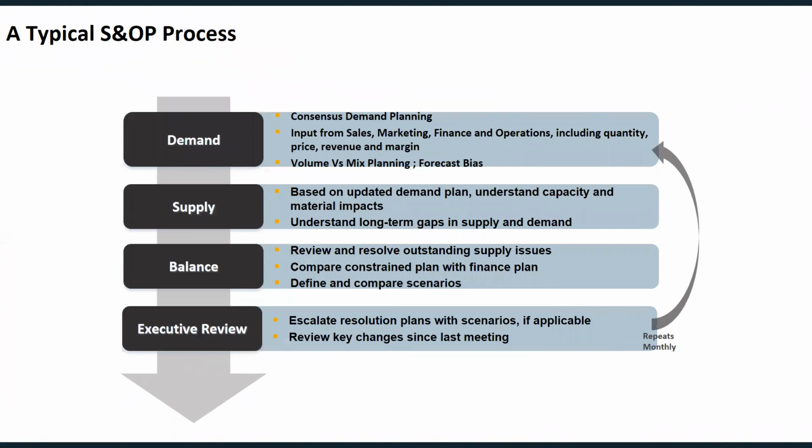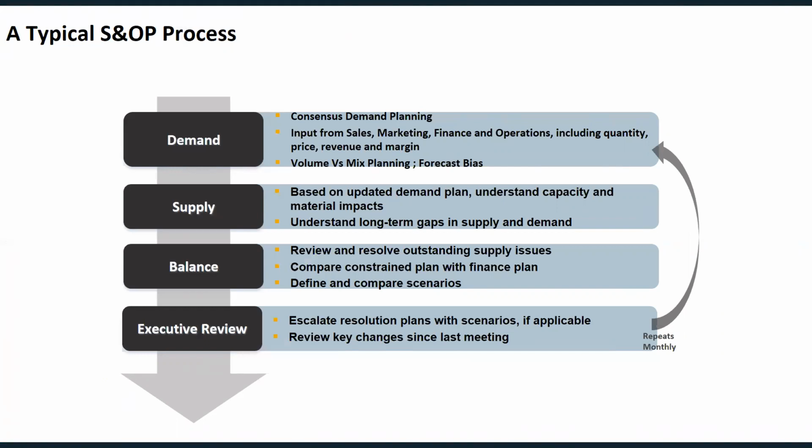The first step in the monthly cycle starts with the demand team. They build a consensus demand planning process, the output of which is consensus demand. It will involve inputs from sales, marketing, finance, and all the relevant teams who have knowledge of various demand signals, along with demand planners who may generate a statistical forecast.